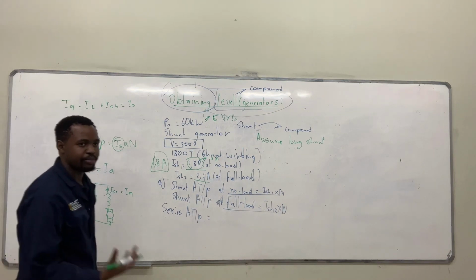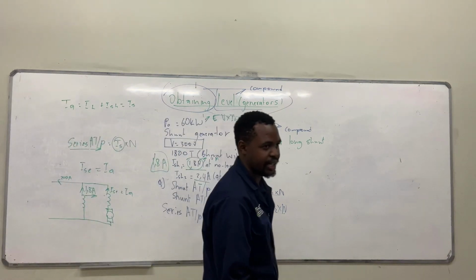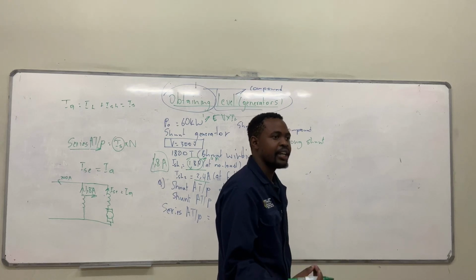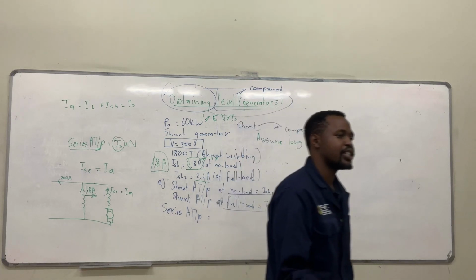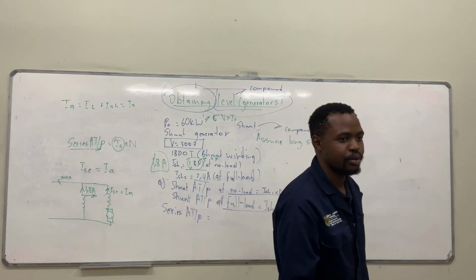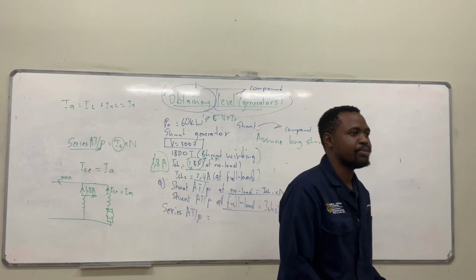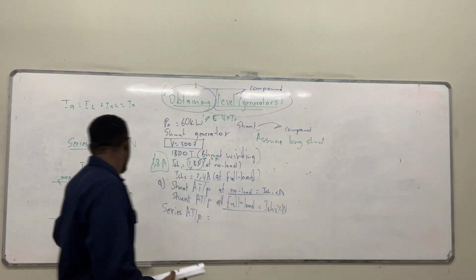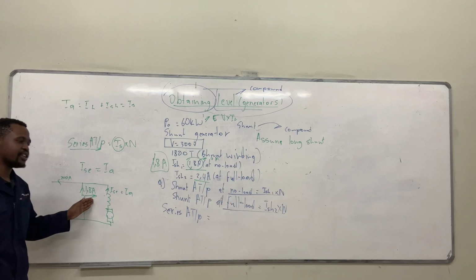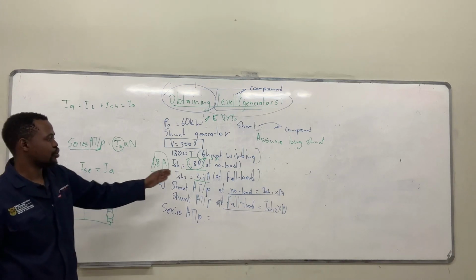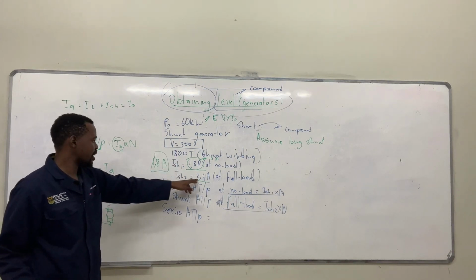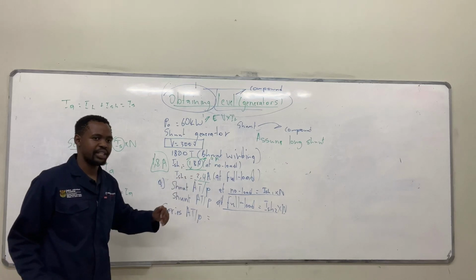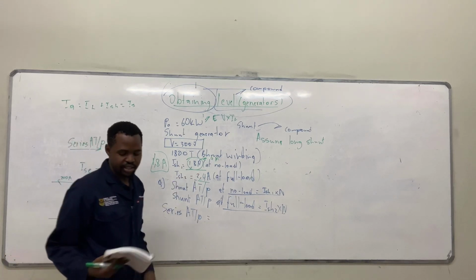So that is our answer. But why are we using a no load shunt current instead of a full load shunt current? It's because the shunt current had to be increased to this value in order to maintain a constant voltage.